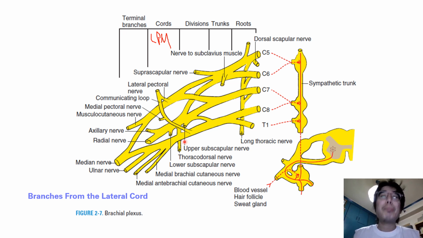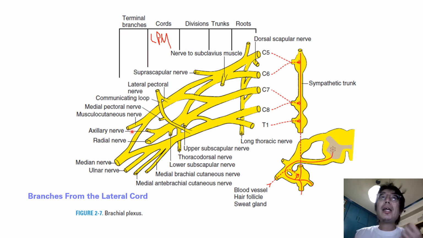Another important branch from the lateral cord is the musculocutaneous nerve, also originating from C5 to C7. The musculocutaneous nerve over here will eventually pierce the coracobrachialis muscle, and it will descend between the biceps brachii and the brachialis muscles.